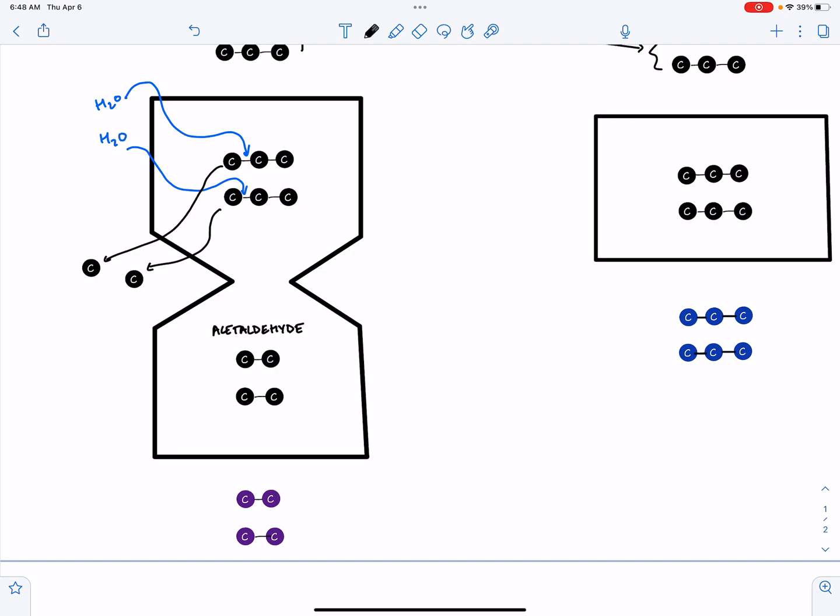It has a strong fruity odor, actually, and it is the precursor to ethanol.